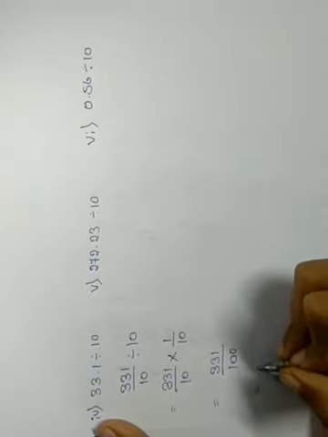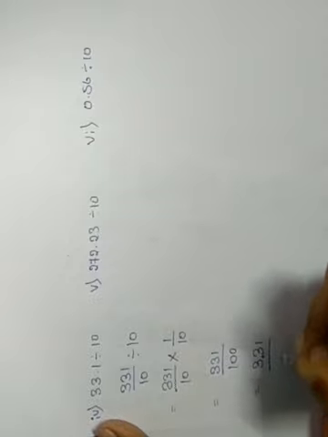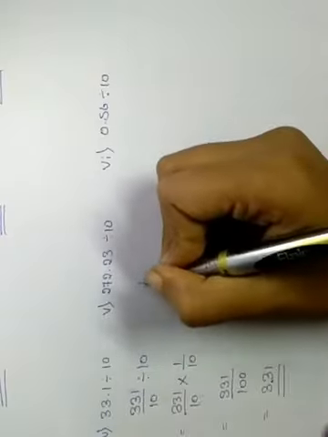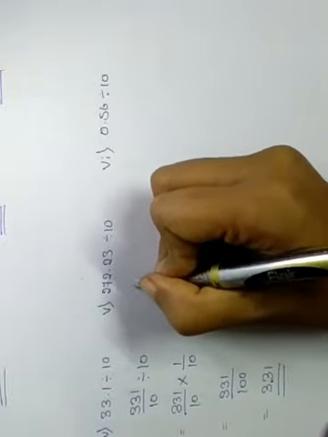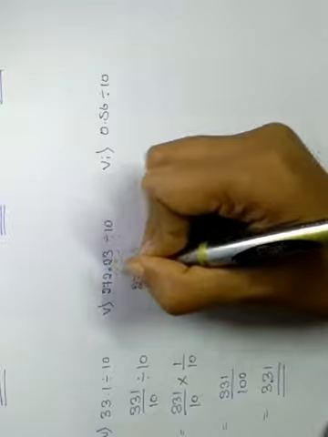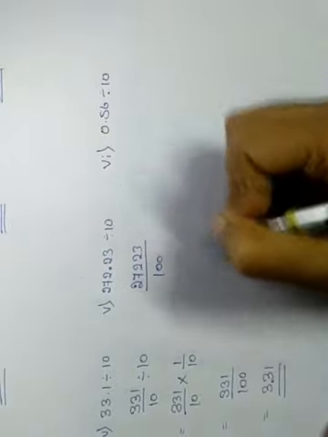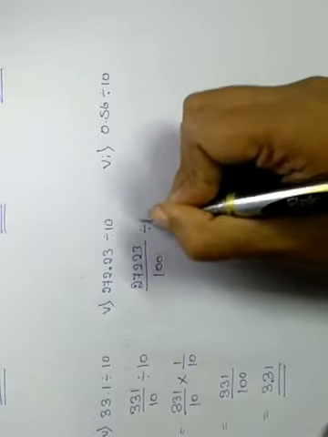Right? Now we'll give the decimal point after 2 digits, means here. Fifth problem, 272.23. I have removed the decimal point, so I am dividing it by 100. Divide it by 10.